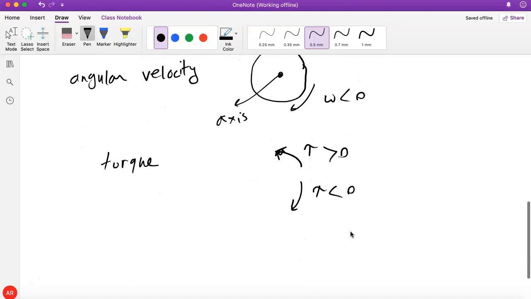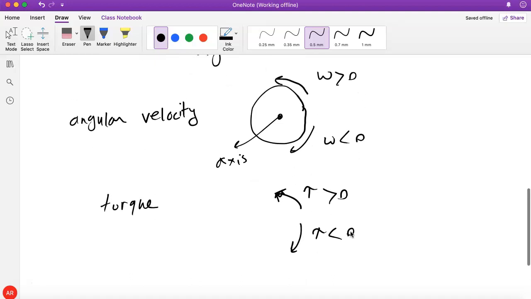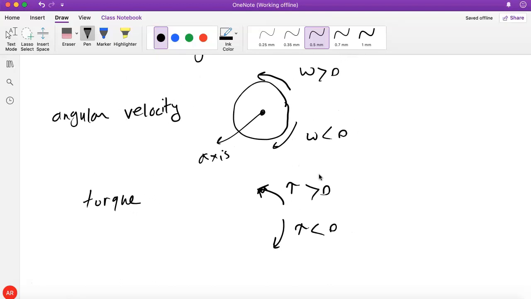It turns out it's very useful to define a vector coming out of the plane, perpendicular to the plane, parallel to the axis, and then the direction of that vector can be either coming out of the page or going into the page, depending on whether you're rotating counterclockwise or clockwise.